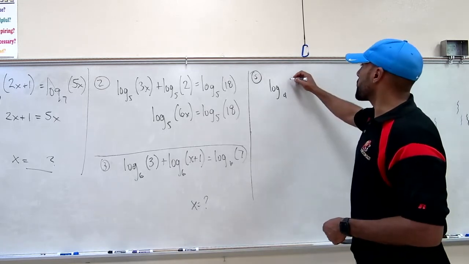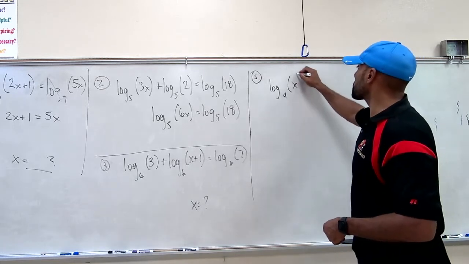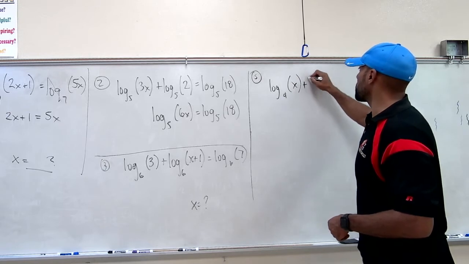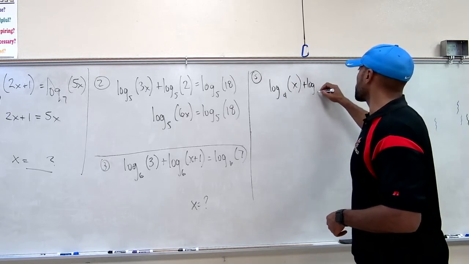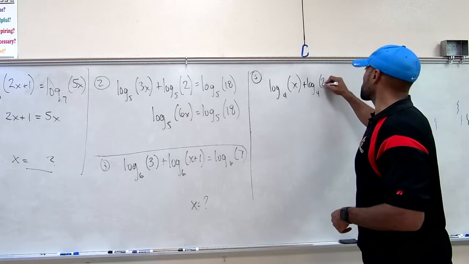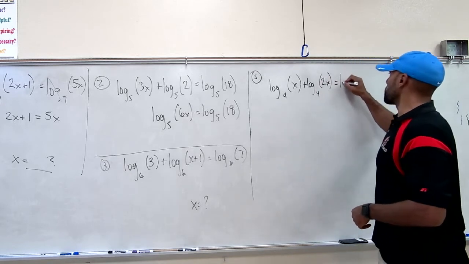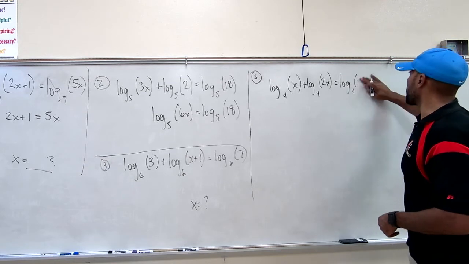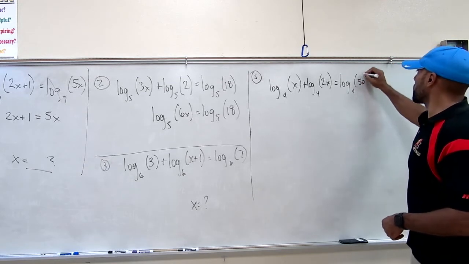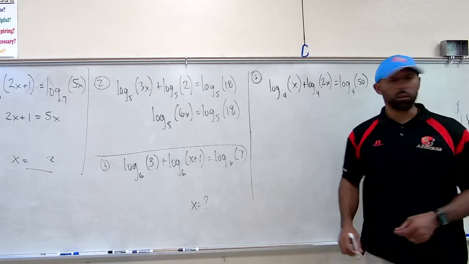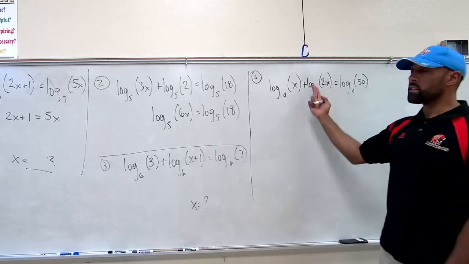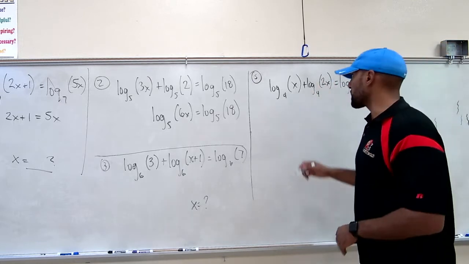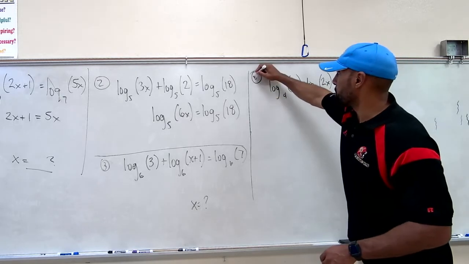So now, log base 4 of x plus log base 4 of 2x is equal to log base 4 of 50. All right? So now, combine those two, right? And this is just an example for you guys to look at.